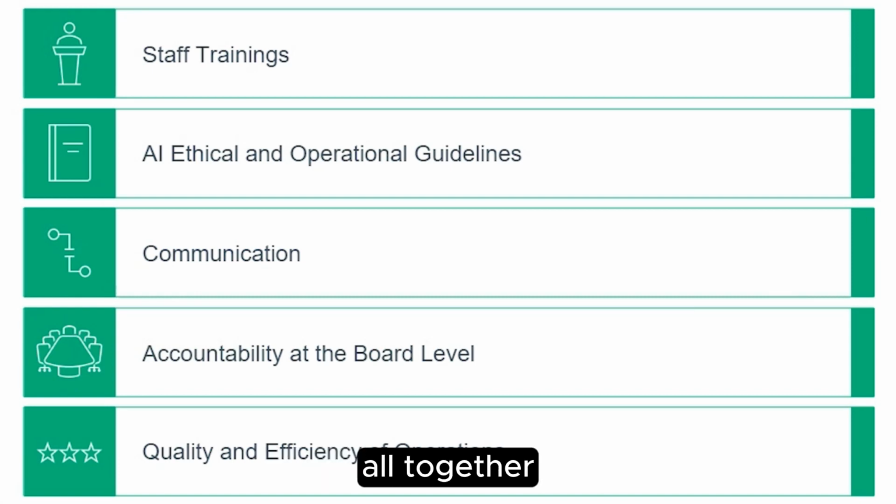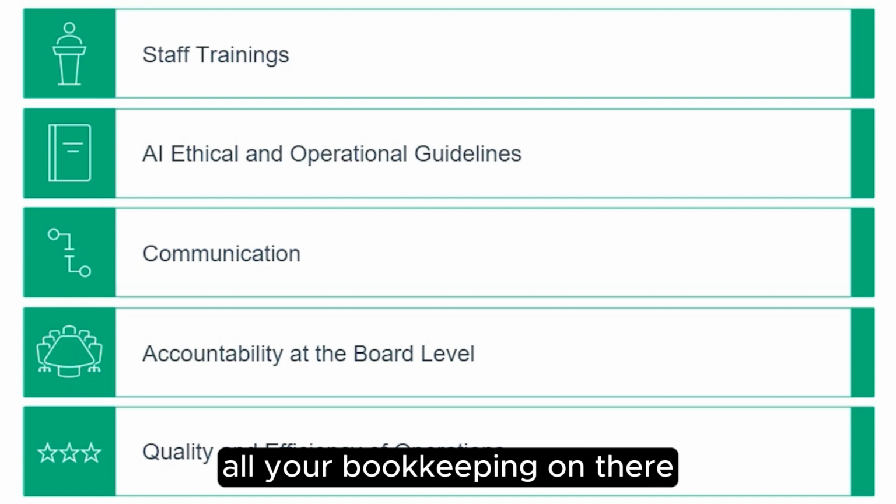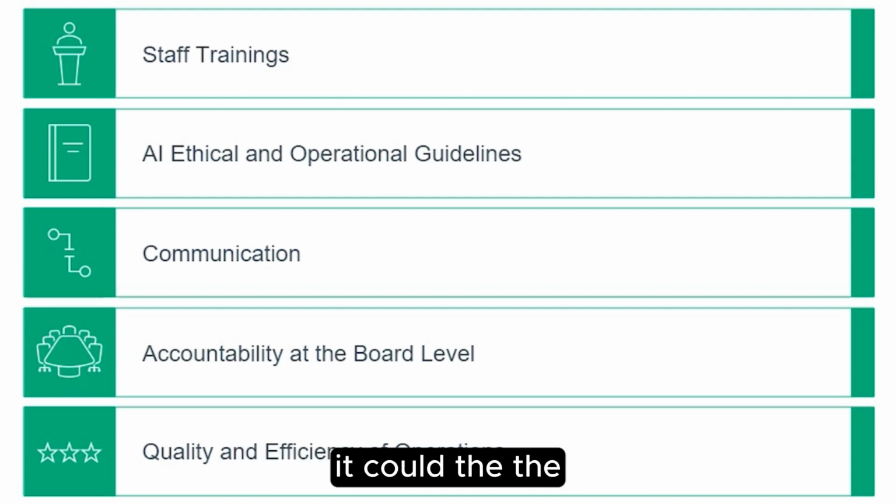It will put it all together. It could go through all your bookkeeping. The opportunities are becoming more and more widespread, and hence why you're seeing in the audit sector now the sampling and how auditors are using it to their advantage to cut down on the manual time they previously had to spend.